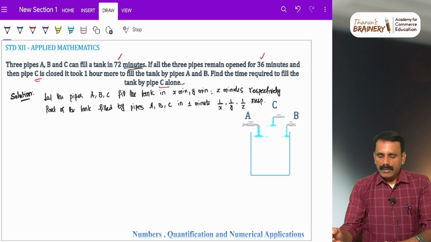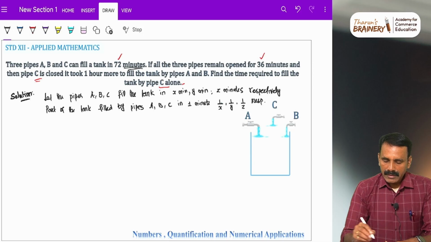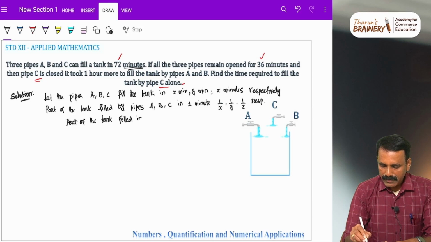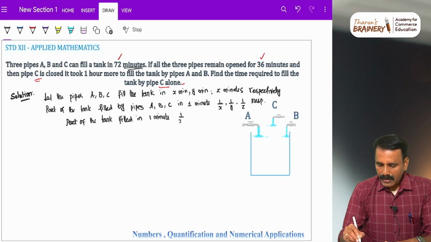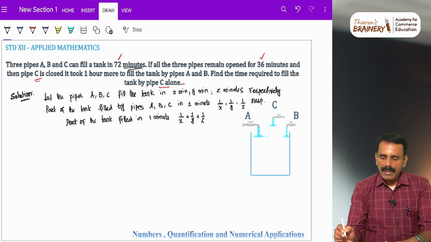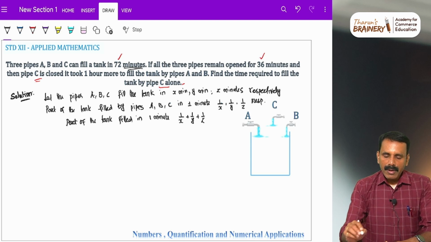So, when they are operated together, the part of the tank filled in 1 minute will be 1 by x plus 1 by y plus 1 by z. So, this much part will be filled by the pipes A, B and C together. Now, if they are operated, the time taken to fill the tank will be 72 minutes. It is given.